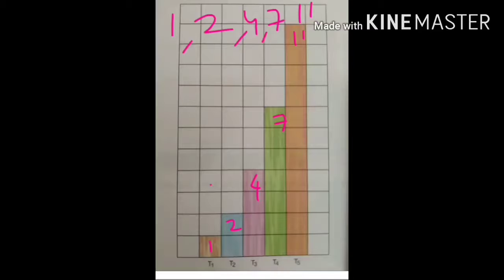Here we will check the differences: the difference of first and second is 1, the difference of second and third is 2, the difference of 4 and 7 is 3, and the difference of 7 and 11 is 4. So look here, the differences are not equal, which means we can say this is not an AP, this is only a sequence.